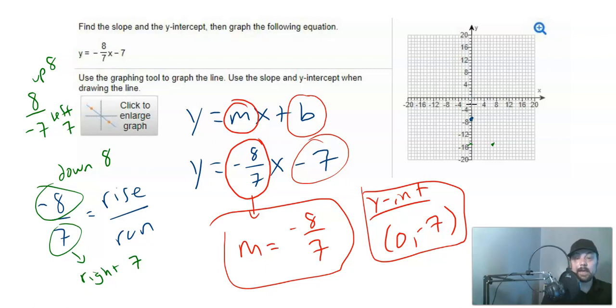Now I'm at -7, so if I go up 8, I end up at 1. And then to the left 7. And so it'd be just above -7 on the x-axis. And notice how it lines right up with these 2 points here. So either green point would produce the same graph when you connect it with a straight line. So it doesn't matter which one you have.